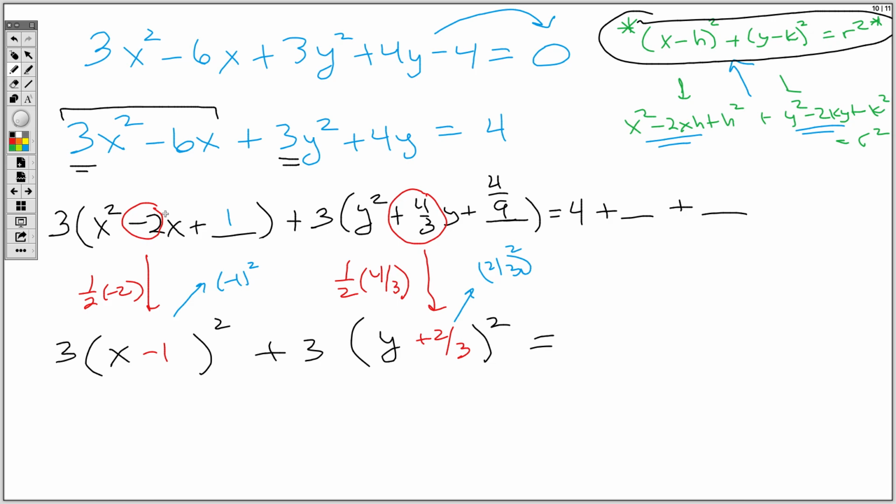Okay, so that's the recipe. As long as you factor out the coefficient of the squared term, you take half of this and square it, half of this and square it.